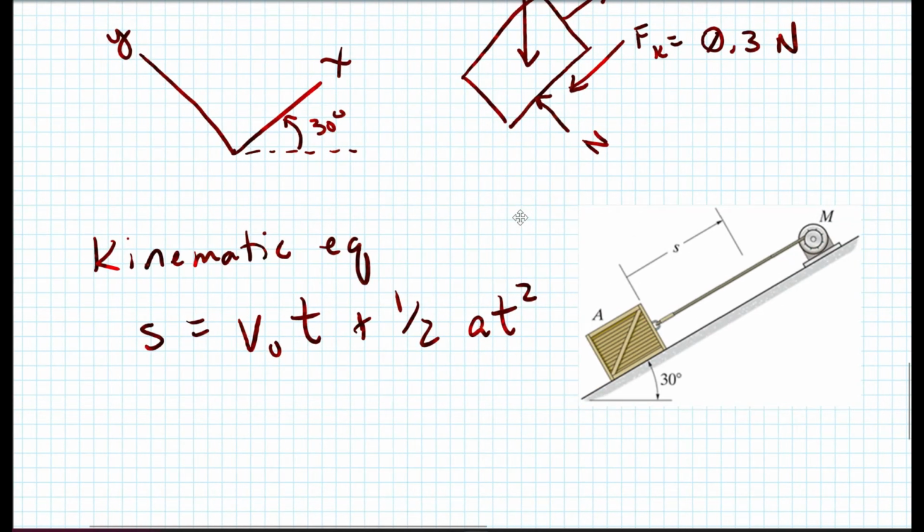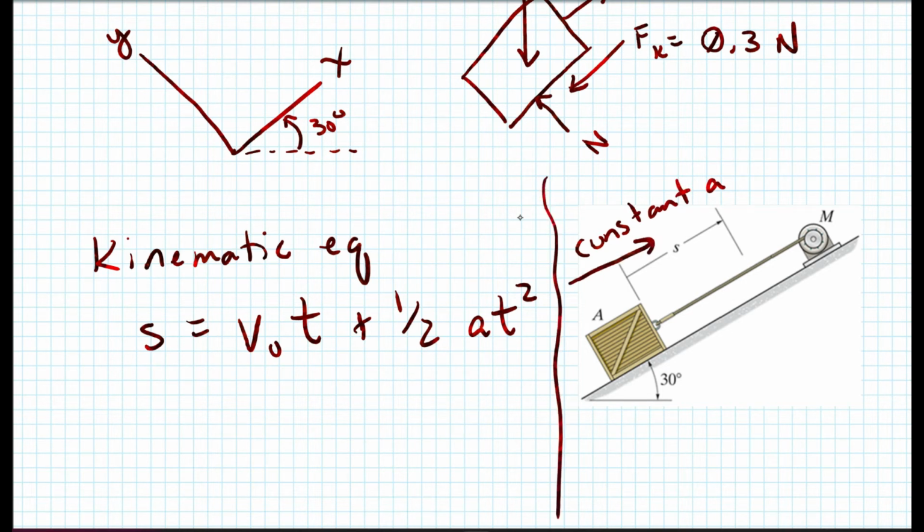Okay, so looking at this, we have constant A, right? Constant A. We have S being equal to 6 meters, we were told, at t equals 3 seconds. V sub O is 0 meters per second.